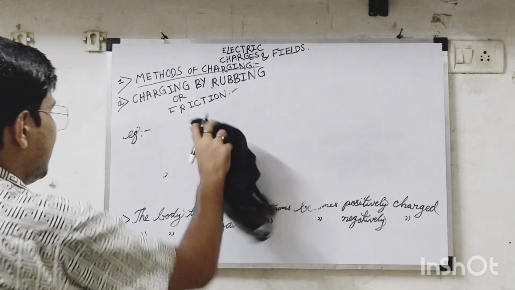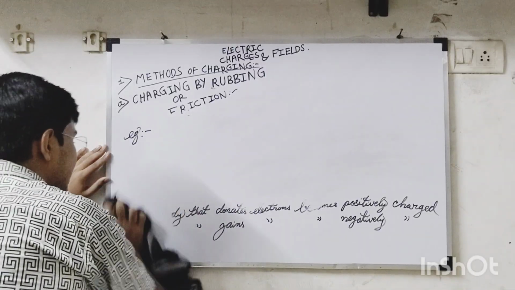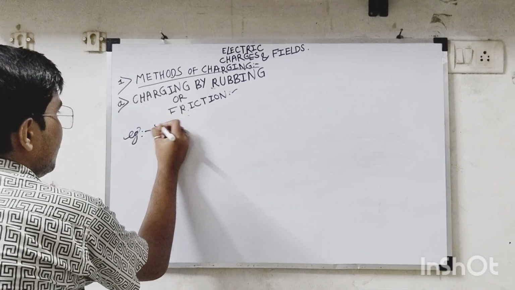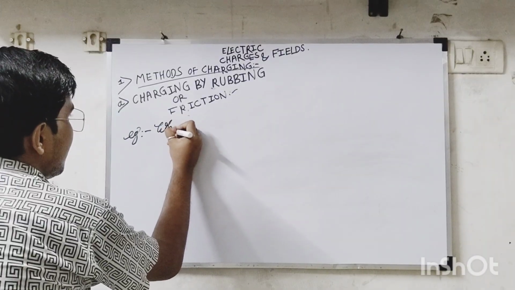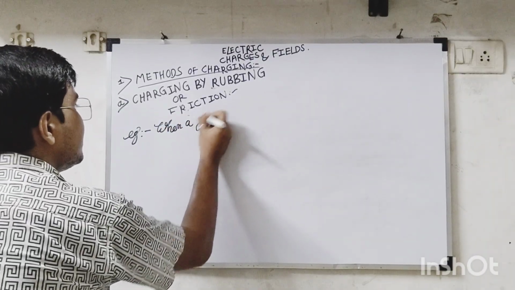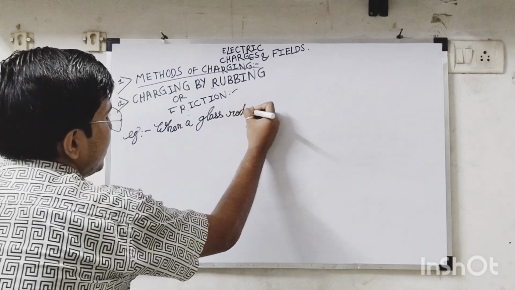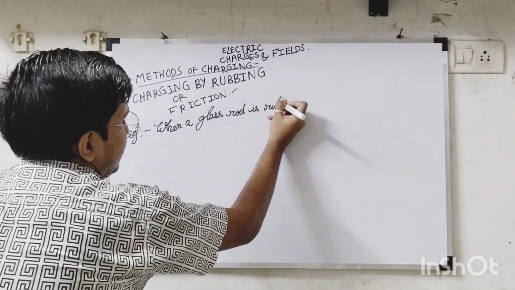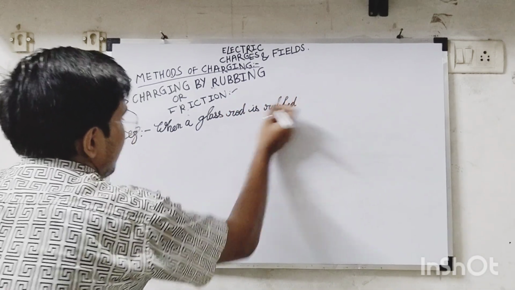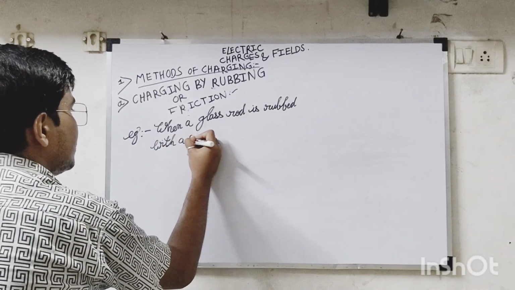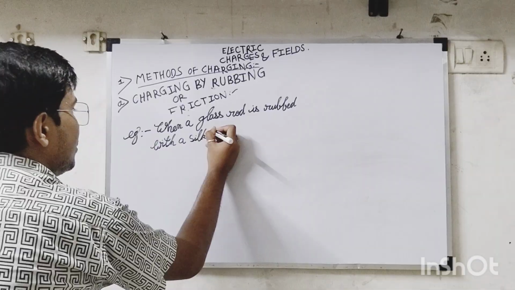So now let's write down the point. Achha, and rubbing is this double as well. When a glass rod is rubbed with a silk cloth, what happens?